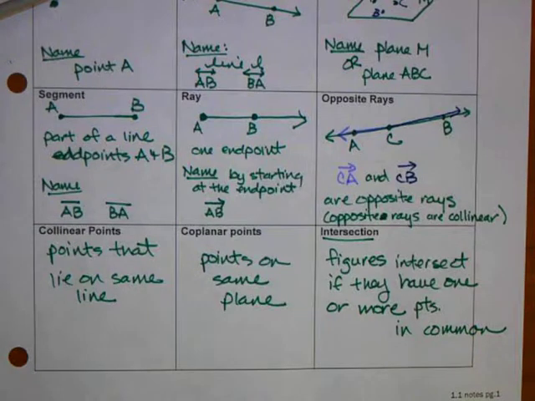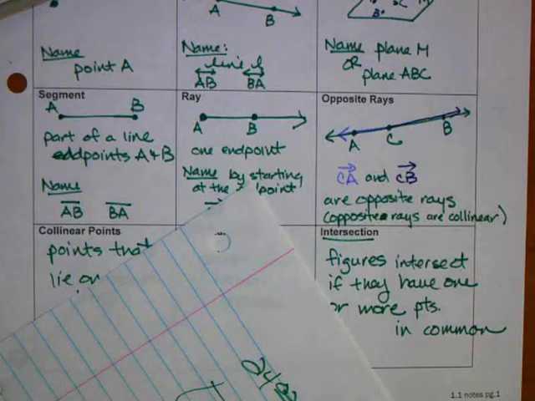So let's say this is a plane. It's hard to hold it very flat. And then I put my pencil through it. So basically, they intersect at that point, don't they? Plane and a line intersect at a point, correct?